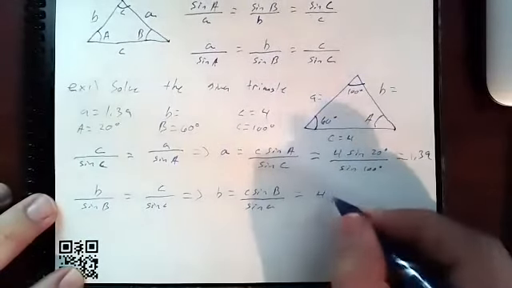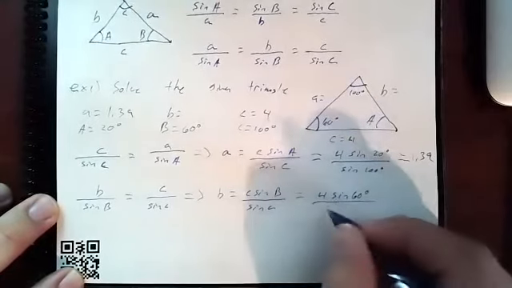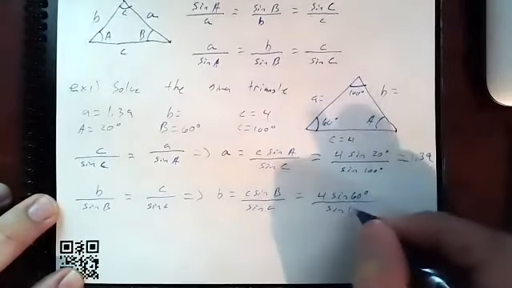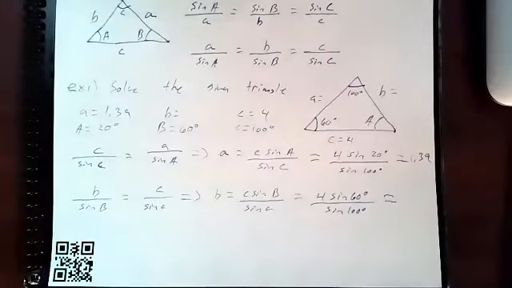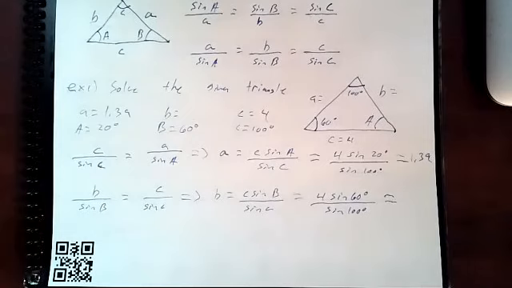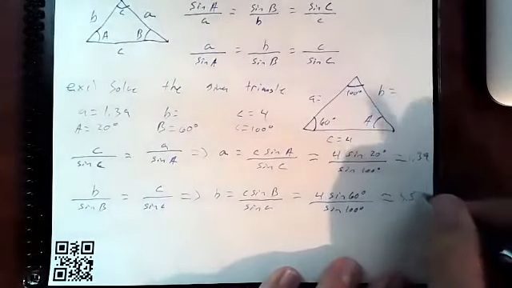So that'll be 4 sine of 60 over sine of 100. Let's see what that is in the calculator. 3.51, so, yeah, 3.52.